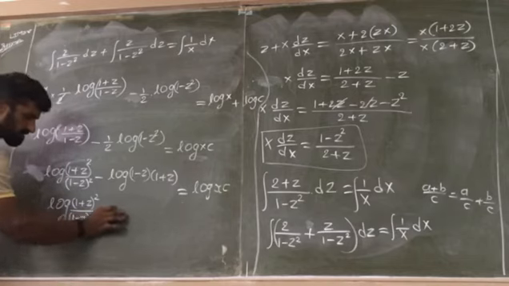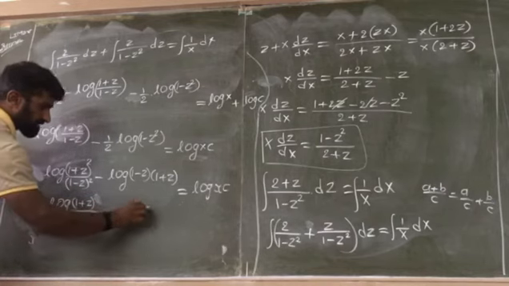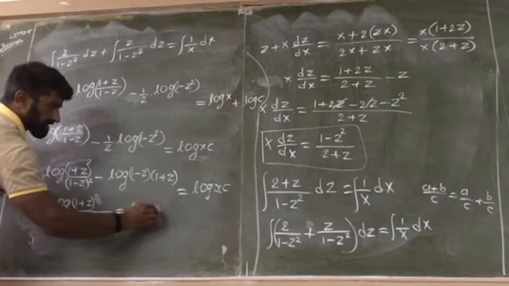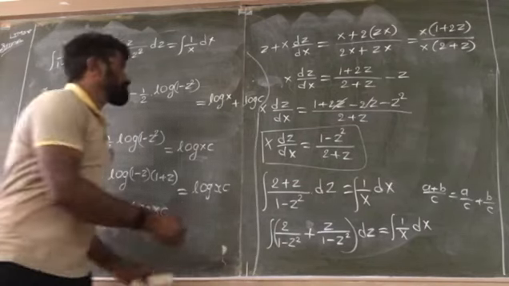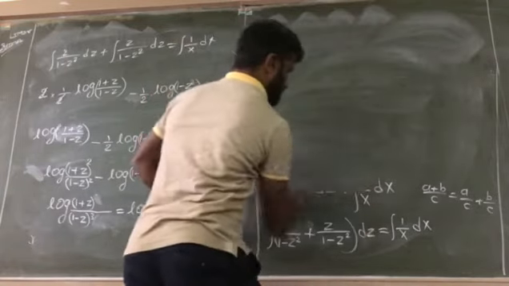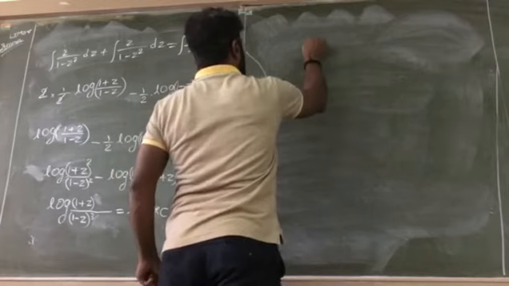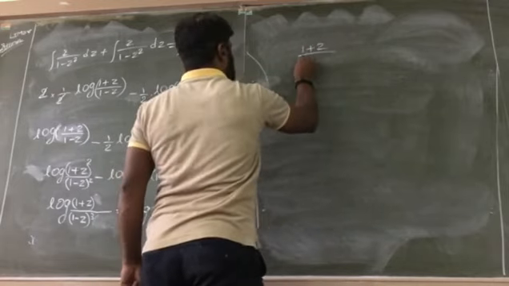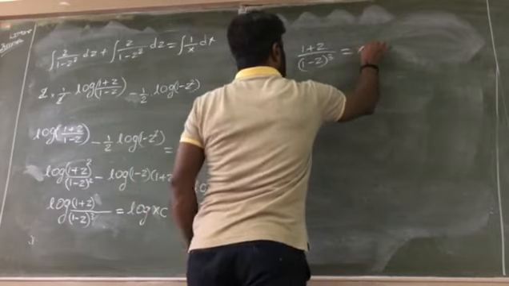One factor of 1 plus z gets cancelled, so it is only z in the denominator: 1 minus z whole cube. So that equals log of capital xc. Removing the log, we get 1 plus z divided by 1 minus z whole cube equals xc.